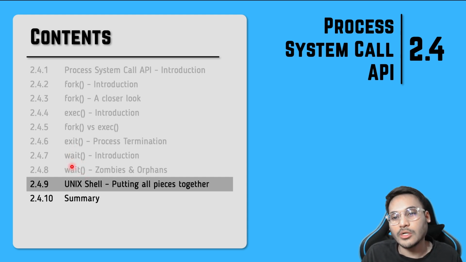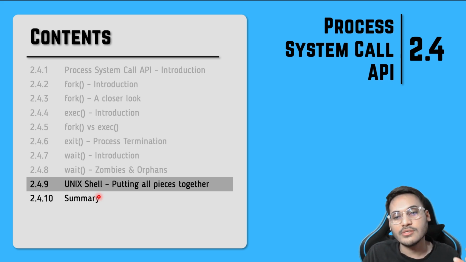Now in this video, what I want to do is show you how, using these four major or basic system calls, we can construct the UNIX shell, right? So the shell is a user process, just like any other process. It's a simple user process with a special task of enabling the user to interact with the system via the command line interface.